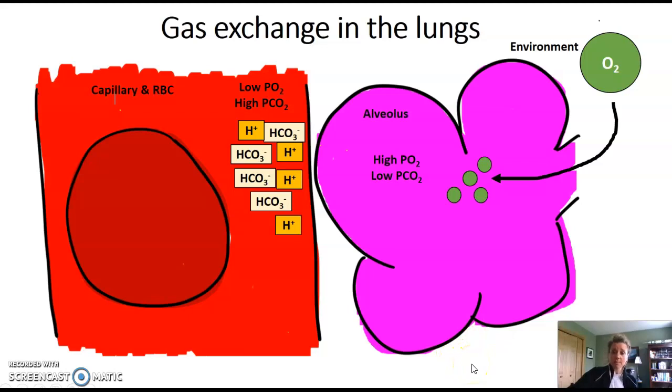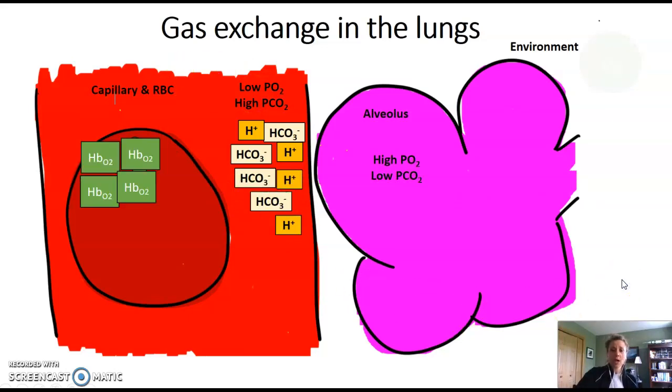And because gas is going to move from an area of high pressure to an area of low pressure, where are my oxygen molecules going to go? Well, they're going to cross the respiratory membrane, which is here, which includes the wall of the alveolus and the wall of the capillaries. It's going to enter into my red blood cell and bind to hemoglobin, forming oxyhemoglobin.